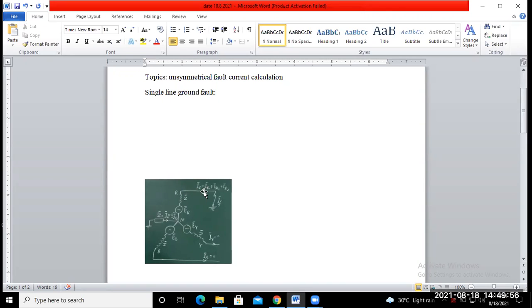All the phase currents are represented by the vectorial summation of the zero sequence current, positive sequence current and negative sequence current. Positive, negative and zero sequence currents are represented by suffixes 1, 2 and 0.